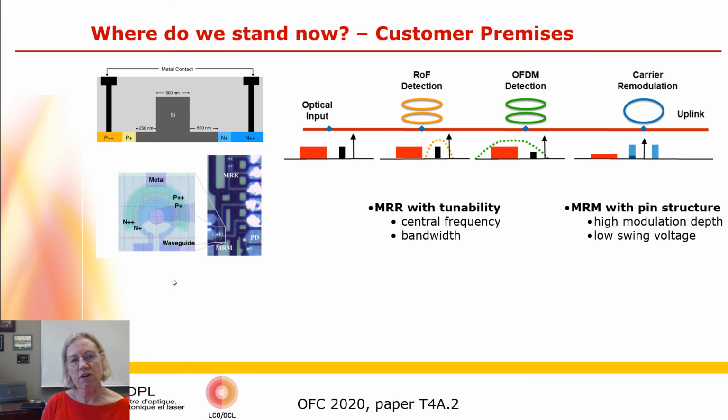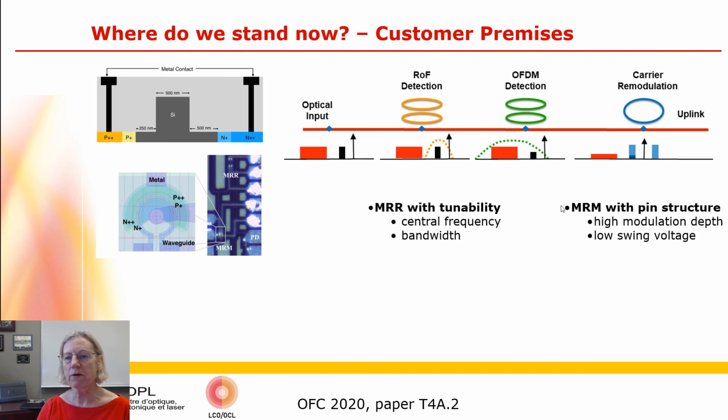In terms of the customer services, now we again have designed and fabricated a subsystem to deal with the requirements at the ONU. We have again a cascade. We have microring resonators, which are tunable, that allows us to tune both the central frequency and the bandwidth, that lets us pick out whether we're going to strip off a radio over fiber signal, as here, or whether we're going to go for the broadband signal like we see here.